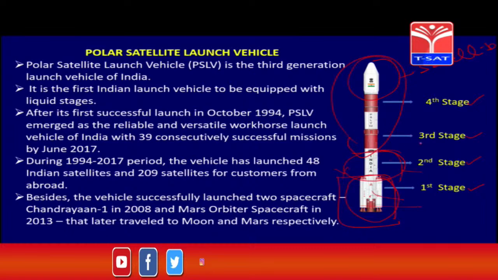Here in the third stage, the fuel starts burning. Once this is also exhausted, the fourth stage will come into picture, and this third stage will get detached. So like that, in every stage the weight of this satellite decreases.